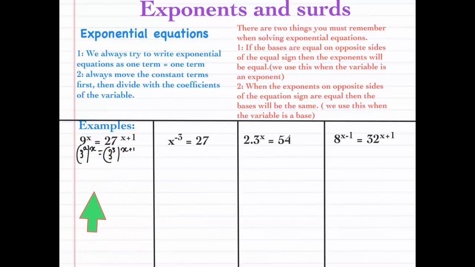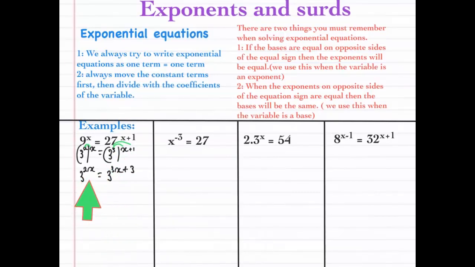Now we are going to multiply the 2 with the x, the 3 with the x, and the 3 with the plus 1. And then we get 3 to the power of 2x equals, we write the base, and then it is 3 times x, which gives me 3x, and then 3 times plus 1, which gives me plus 3.